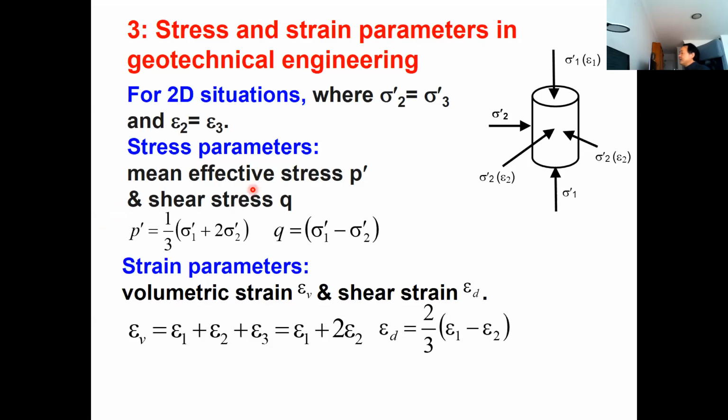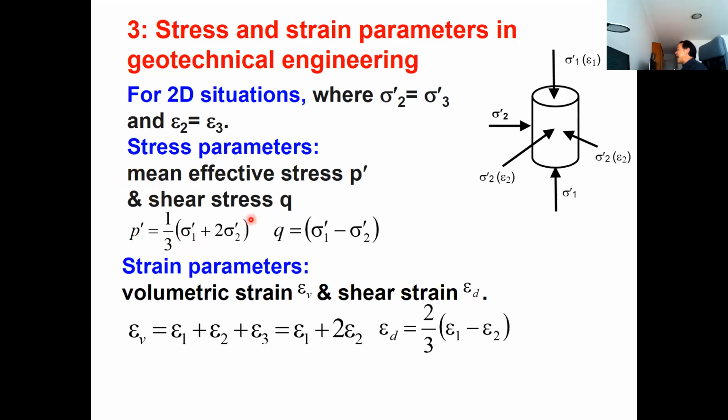This situation we use in your thesis and in most geotechnical engineering computation or most PhD study is what we call the triaxial compression situation, where sigma-2 and sigma-3 are always the same. You can go to the details about the stress parameter and the strain parameter in the lecture notes sent to you. So the stress parameter for geotechnical problems is mean effective stress.